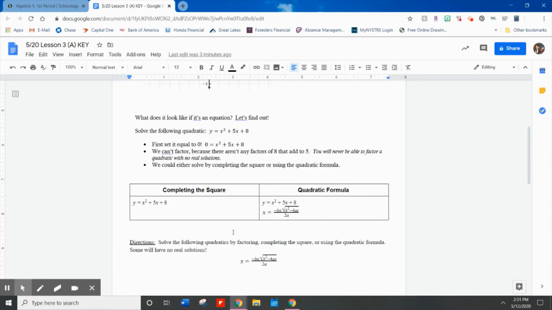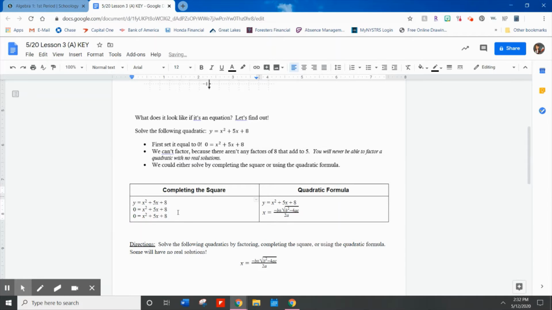However, a lot of times it will say prove it algebraically, meaning you have to show your work. So let's solve this by completing the square. So this first one, we always replace the y with a 0 because that is what we're finding. We're finding the zeros. Okay, now I'm going to kind of jump ahead a little bit.